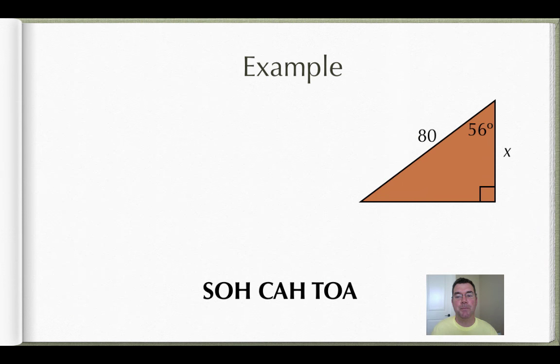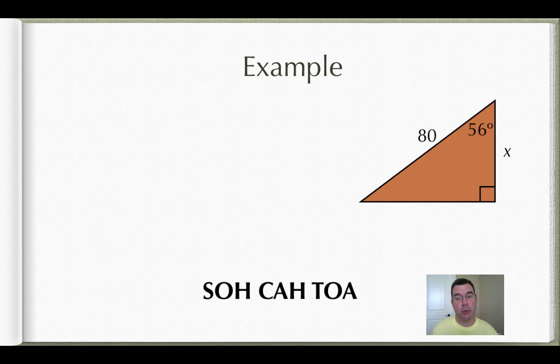So, for example, I have a right triangle here. I have a 56-degree angle up top. I have 80 and x. Now, the first job is to figure out, based on where my angle is, what two sides am I dealing with? Well, 80 is the hypotenuse, and x is the adjacent because it's next to the angle. It's touching that angle.